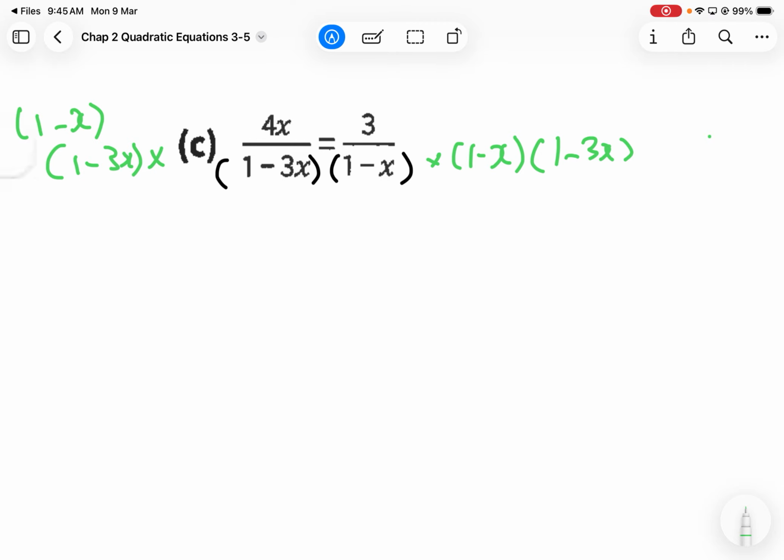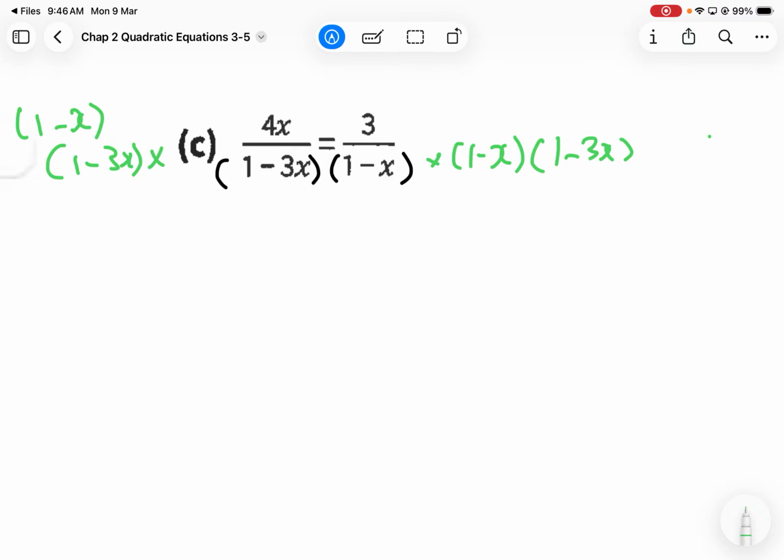And what is the result? The bracket that I multiply will cancel with this one. Then my numerator will multiply the denominator from the other side. Same as here. 1 minus x will be used to cancel away this bracket. In the end, my numerator 3 will multiply 1 minus 3x, which is the denominator from the other side.